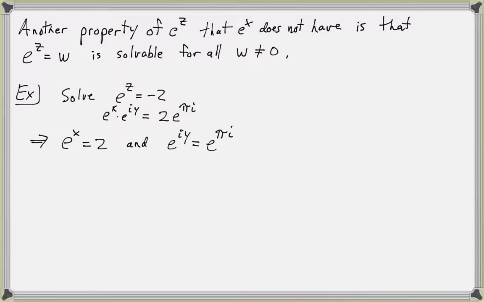This doesn't imply that y equals pi, rather that pi is an element of the argument of y. Now, since e to the x equals 2 is a real equation, we can use the real natural log. So ln of 2 equals x. And if e to the iy equals e to the pi i, then y must equal pi plus a multiple of 2 pi.